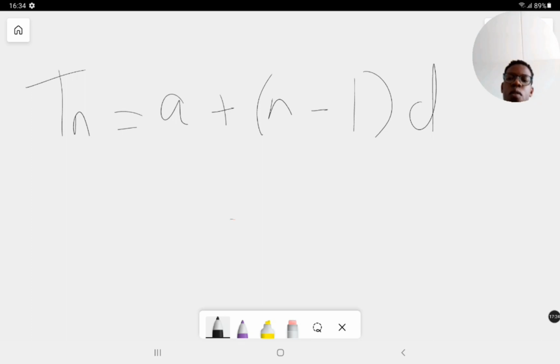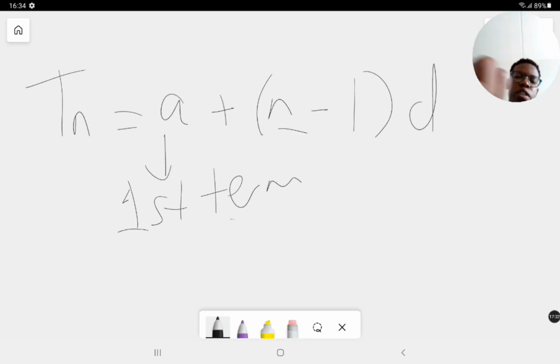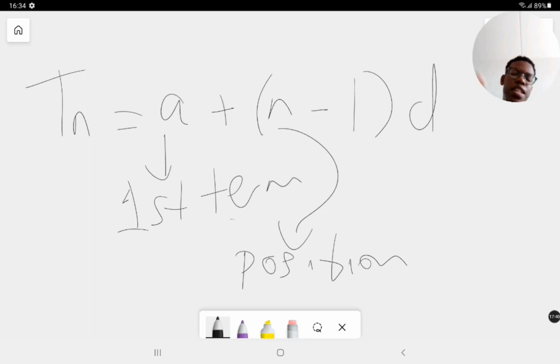Remember, A represents the first term of the sequence. This n represents the position of your term. So if this is 5, it means you're looking at T5. If this is 7, it means you're looking at T7.